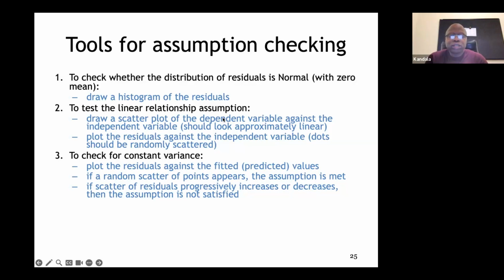The dependent variable is the value that we are able to predict from another variable. And the independent variable is the value that we are predicting from.